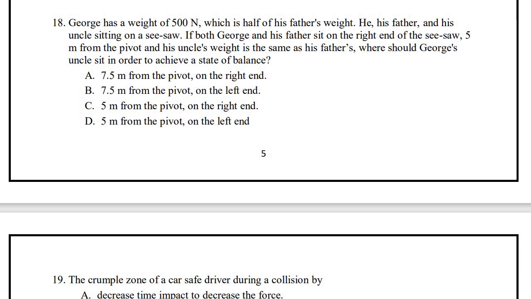Question number 18. George has a weight of 500 Newton, which is half of his father's weight. His father and his uncle are sitting on a seesaw. If both George and his father are on the right end of the seesaw, 5 meter from the pivot, and the uncle's weight is the same as his father's, where should George's uncle sit in order to achieve a state of balance?